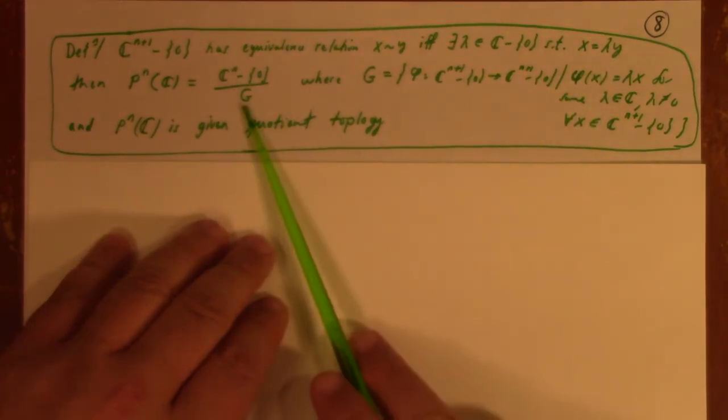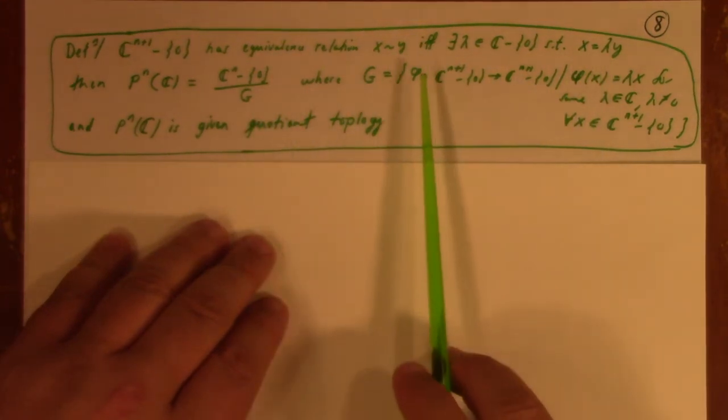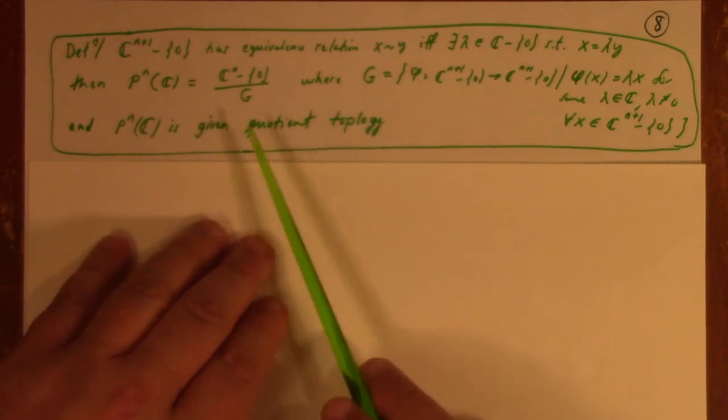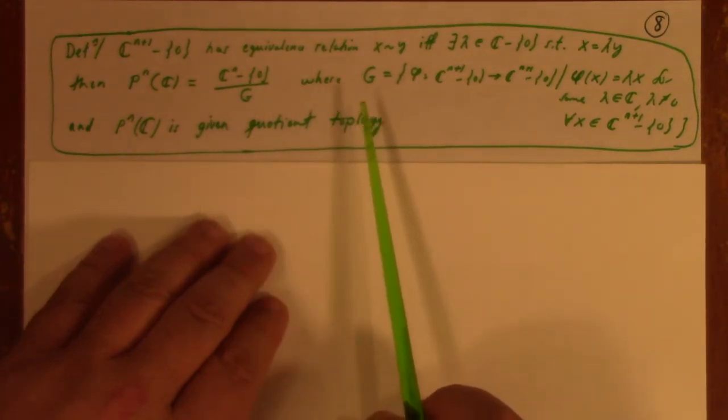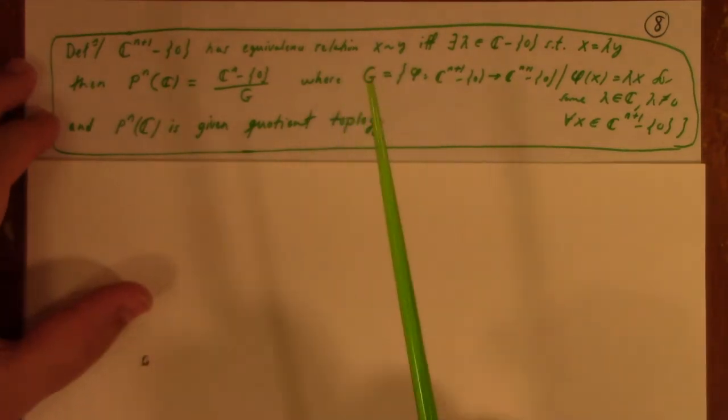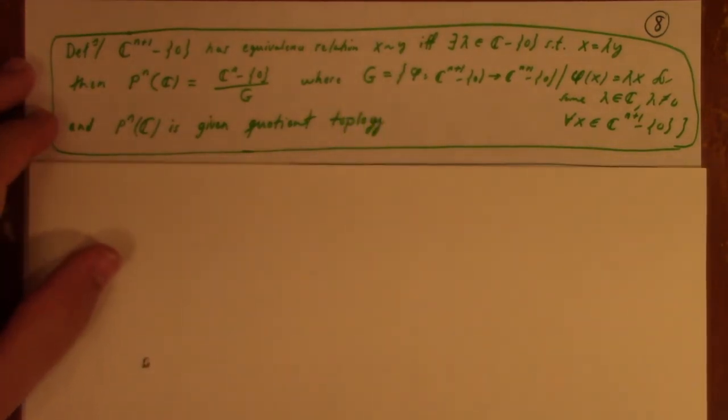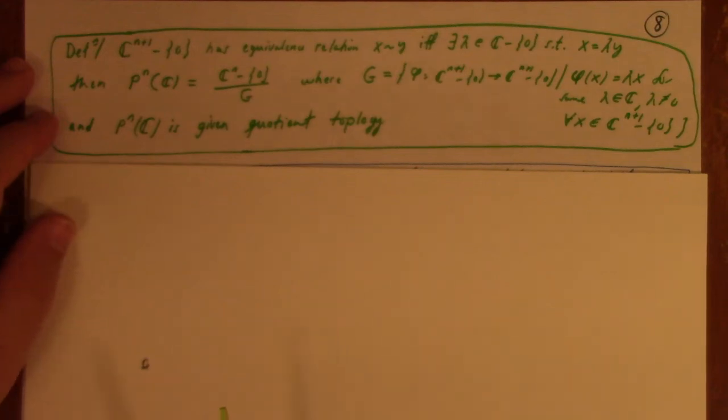You form the equivalence by the G-orbits of that, and then you give Pn(C) the quotient topology, which is naturally defined there, and that gives you projective n-dimensional, complex projective n space is what we usually say.